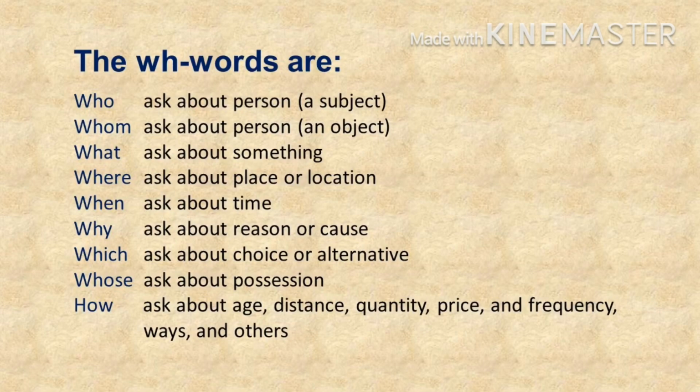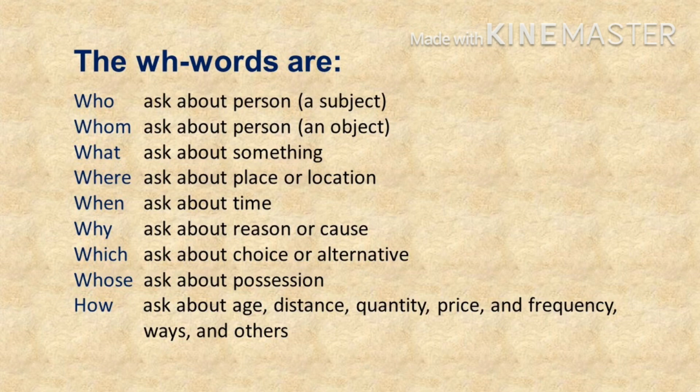We'll see here. We have who, to ask about the person as a subject. Whom, to ask about a person as an object. What, to ask about something. Where, to ask about place or location. When, to ask about time. Why, to ask about the reason or cause of something.